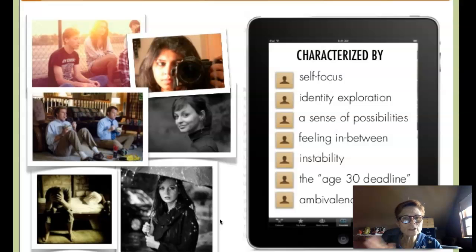So this emerging adulthood psychological profile, again, if we're stepping back and thinking about developmental differences, we can see here is characterized by a true focus on one's identity, right?